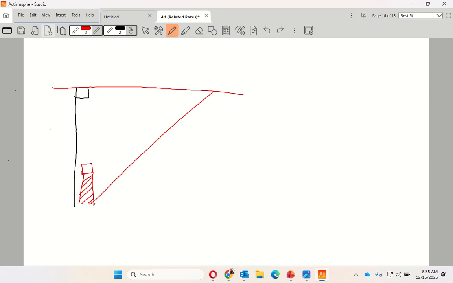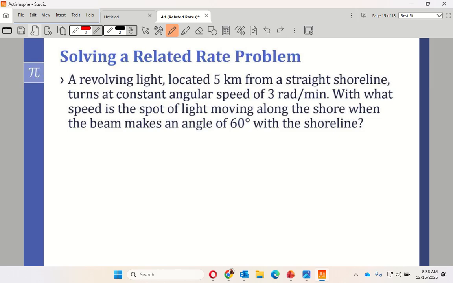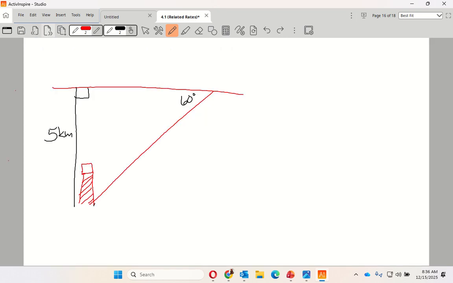The beam has to make an angle of 60 degrees with the shoreline right there. I'm going to have a theta here.